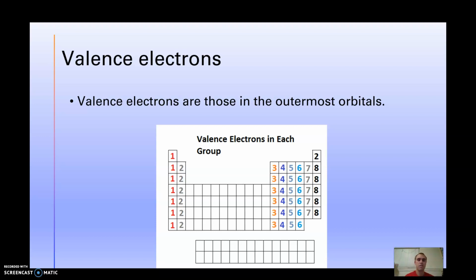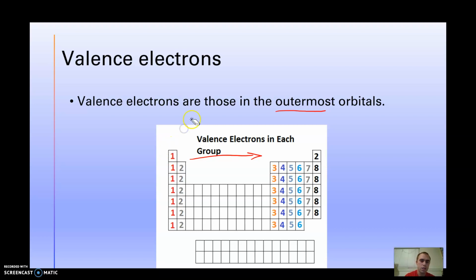Okay, so here's where we need our split screen looking at different elements on the periodic table. This is a definition for valence electrons. Valence electrons are in the outermost orbitals, or the outside electrons. As we go across the periodic table from left to right, we gain valence electrons. This is hydrogen here with 1.